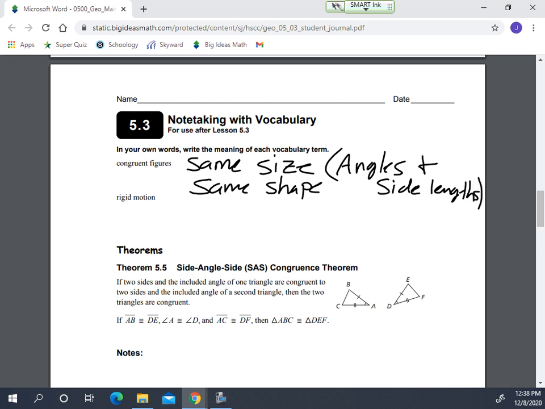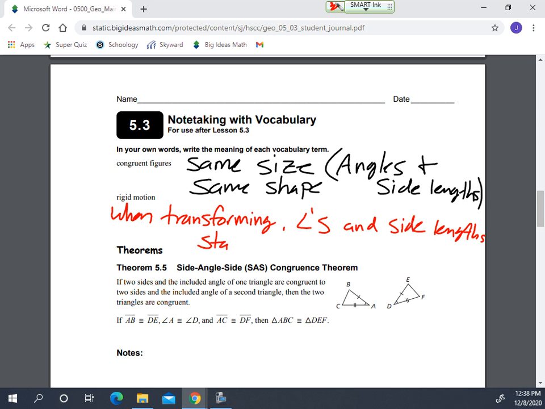Rigid motion: when transforming, angles and side lengths stay the same. And that is rigid motion from previously.